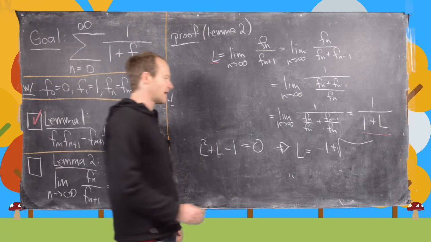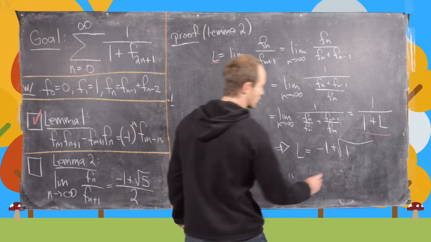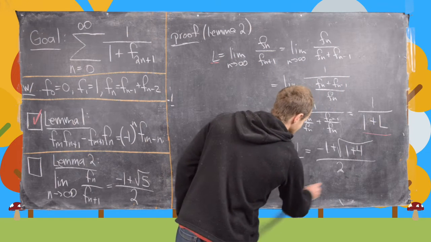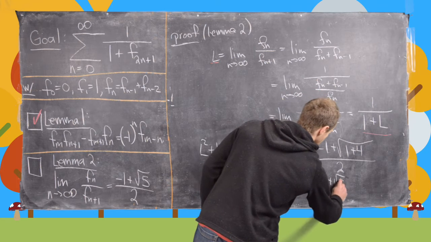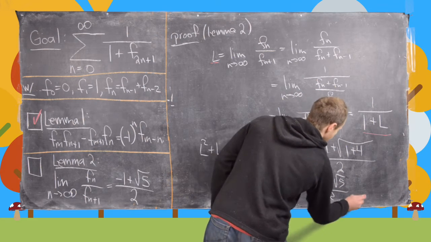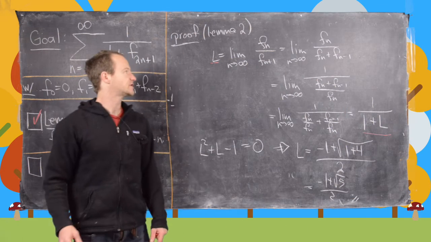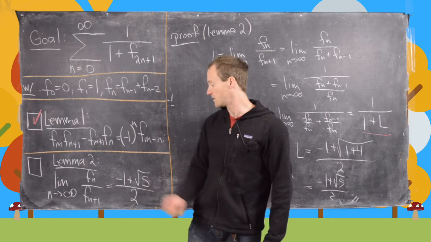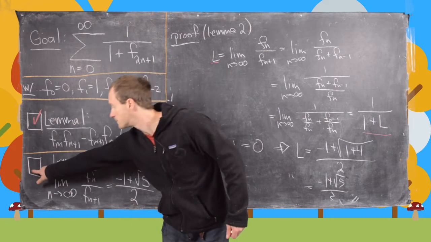So it's plus minus root b squared minus 4ac, so that's going to be plus 4, all over 2, but that's exactly what we want it to be. So negative 1 plus root 5 over 2, so we've established this limit. That means we're done proving lemma 2.